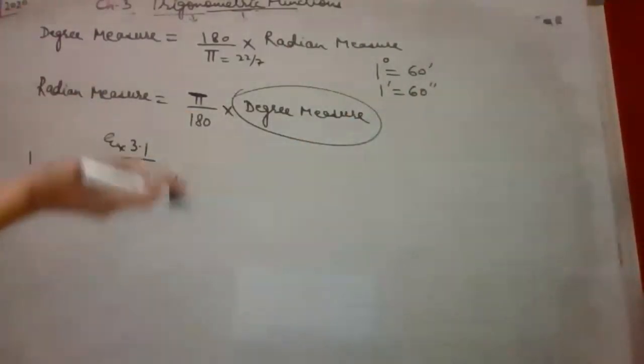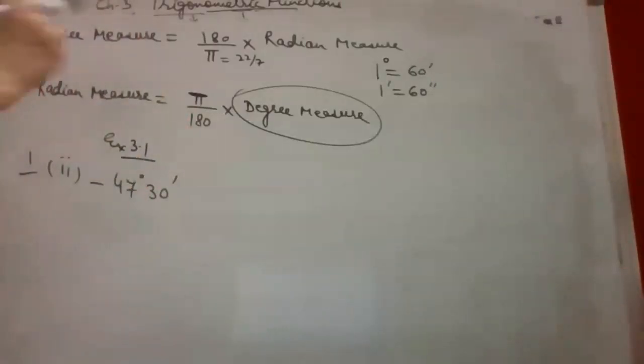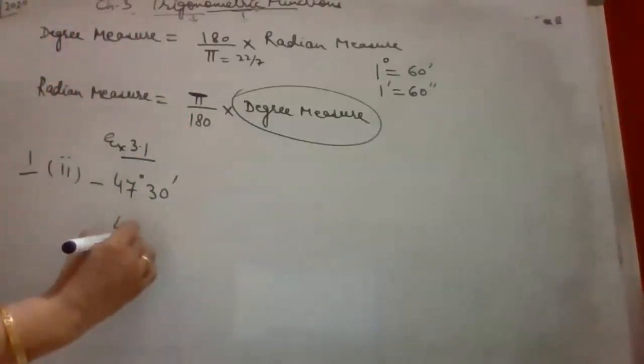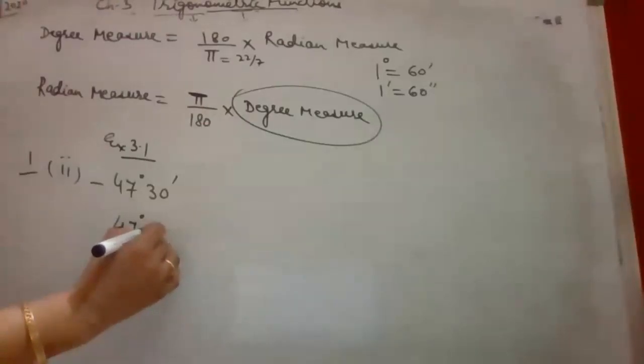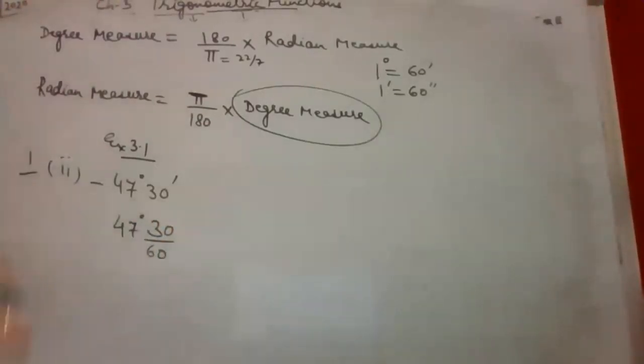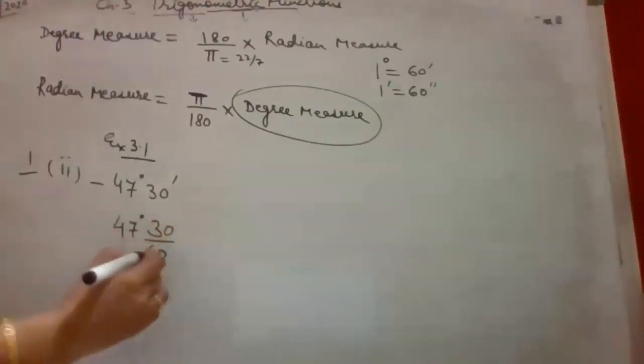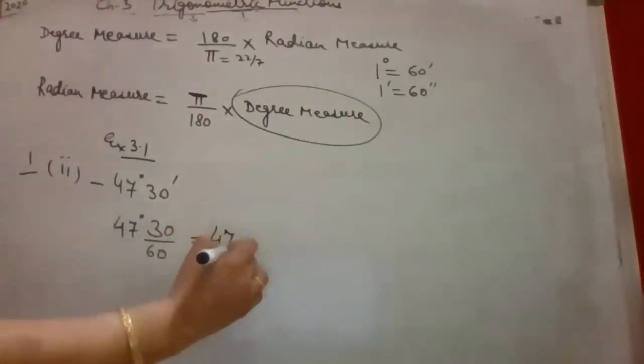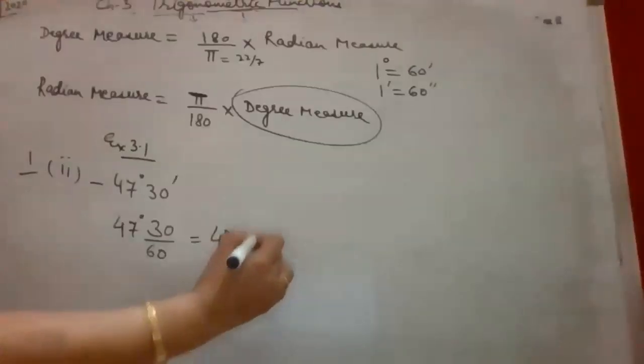So for converting lower unit to upper unit, we will divide by that. So this will be 47 degree and 30 upon 60. ठीक है? Lower degree को upper degree में convert करने के लिए we have to divide. Upper को lower में convert करने के लिए we have to multiply. So we get it as 47 1 by 2 degrees.